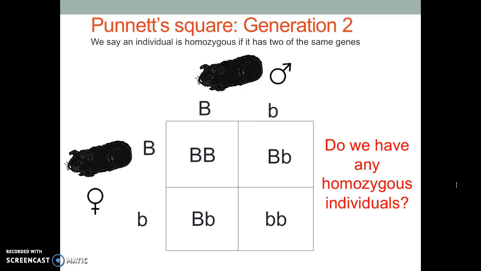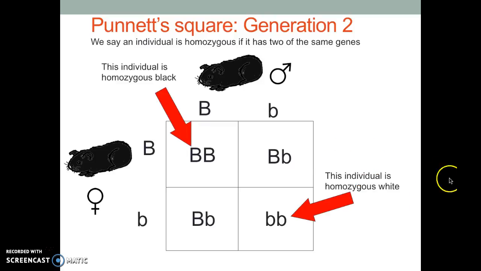So now we say an individual is homozygous if it has two of the same genes. In this example, do we have any homozygous guinea pigs? We have two. We have this individual, which is homozygous black, and this individual, which is homozygous white.